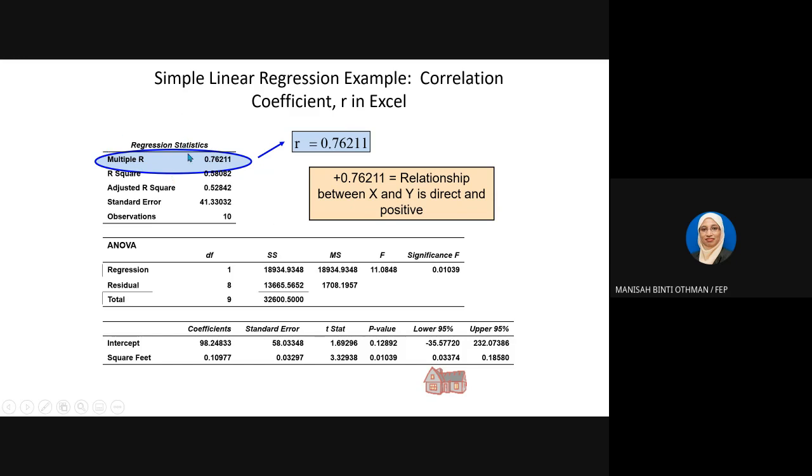Based on this table, you can interpret the correlation coefficient R value, which can be from -1 to +1 only.